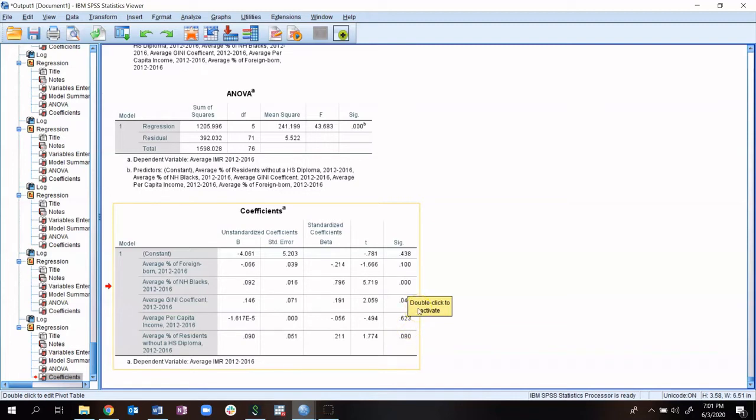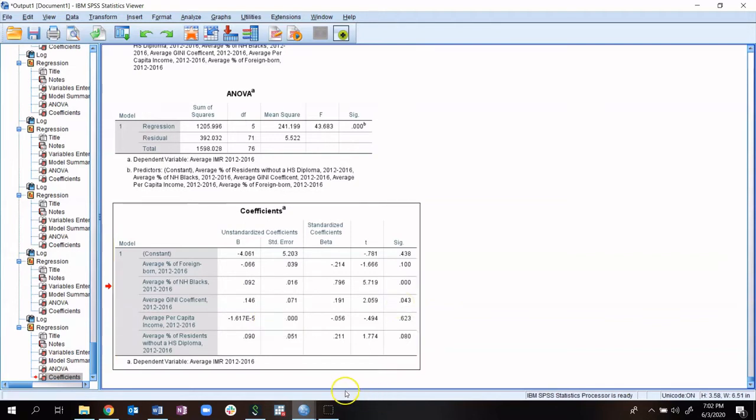We have these two findings: every 1 unit increase in the percentage of non-Hispanic blacks in a neighborhood raises the infant mortality rate by 0.092, and that is significant. The other finding is that every 1 unit increase in the Gini coefficient increases the infant mortality rate by 0.146, because the sig value is less than 0.05. So those are two findings we could state here.